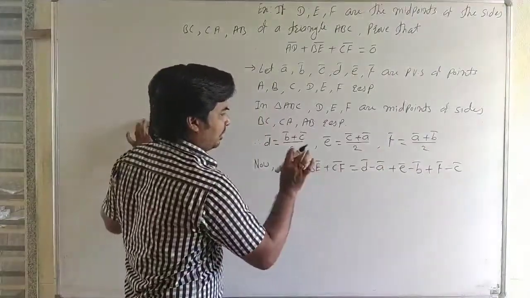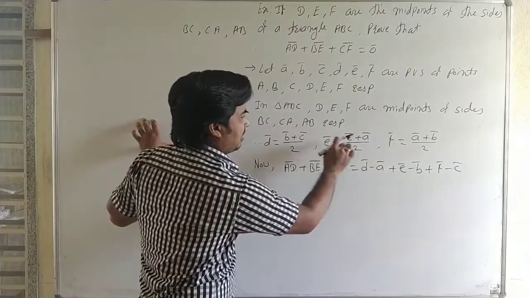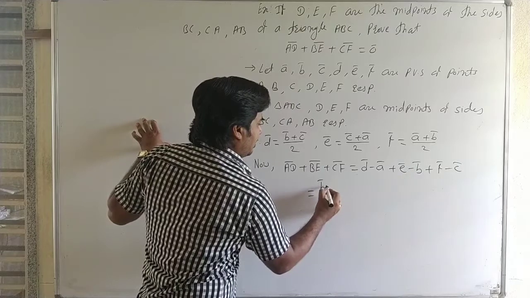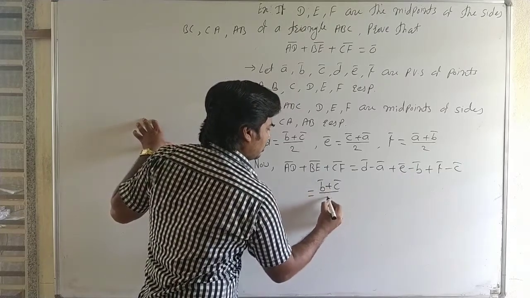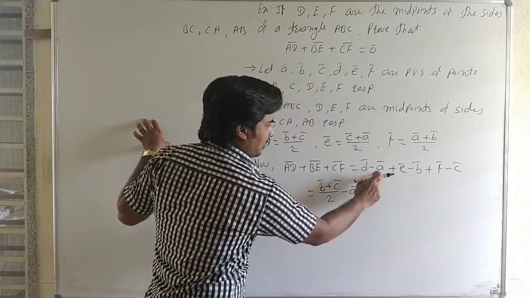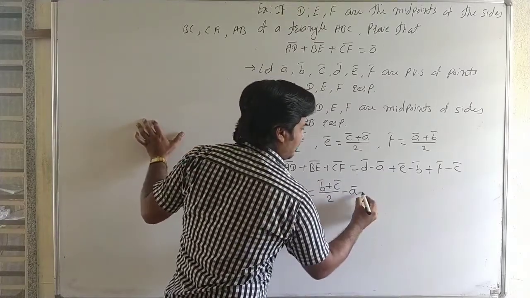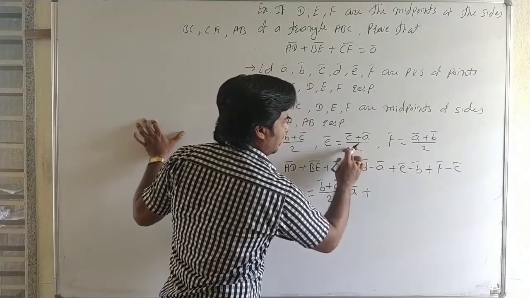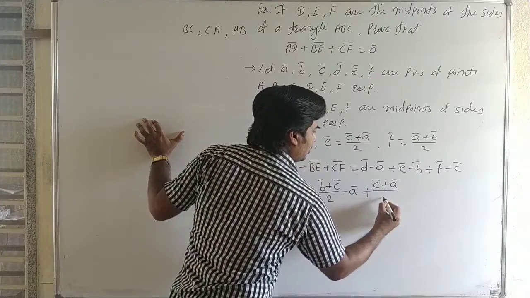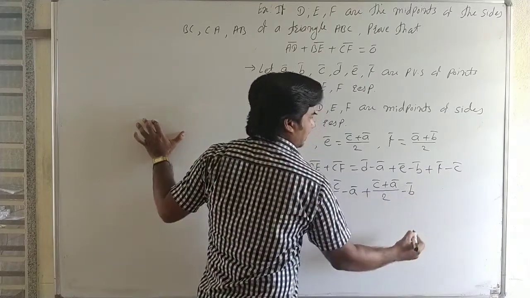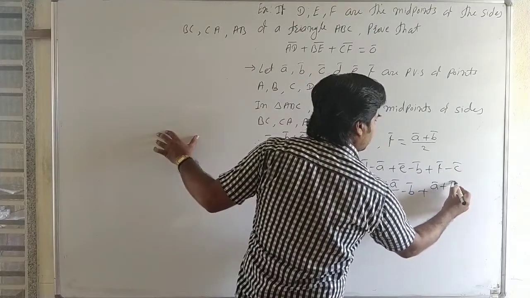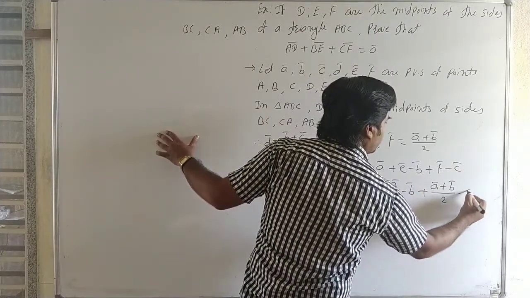Now put the values of D bar, E bar and F bar. Therefore we can write B bar plus C bar upon 2 minus A bar, plus C bar plus A bar upon 2 minus B bar, plus A bar plus B bar upon 2 minus C bar.